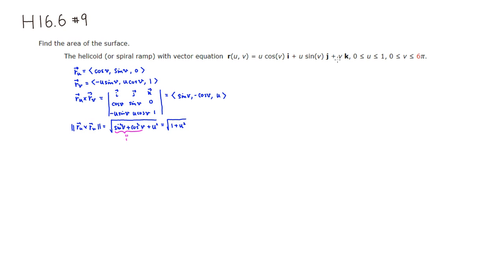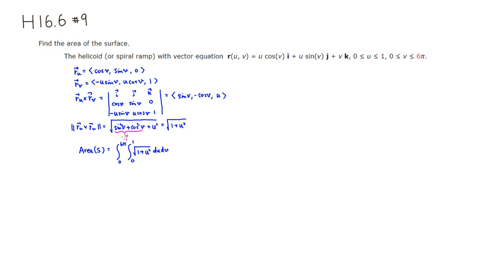Then all we have to do is integrate. The area of this surface, I'm just going to call it S, is going to be a double integral. The integrand is the square root of 1 plus u squared, with respect to u and with respect to v, where u goes from 0 to 1 and v goes from 0 to 6 pi.